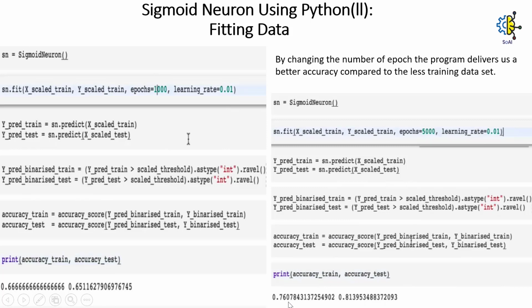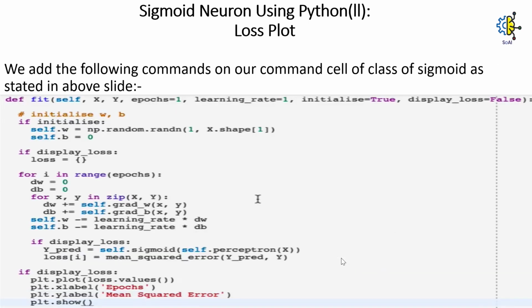Here the accuracy_train value comes out 0.76 and so on, and here the value of accuracy_train comes out 0.6 bar. It is the key difference of changes in input.